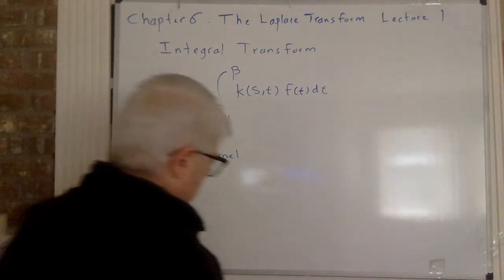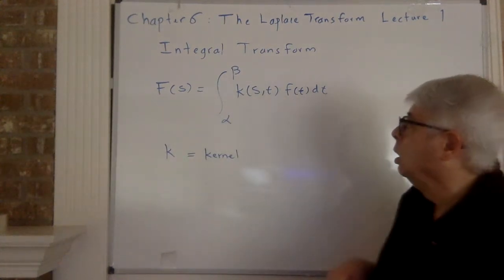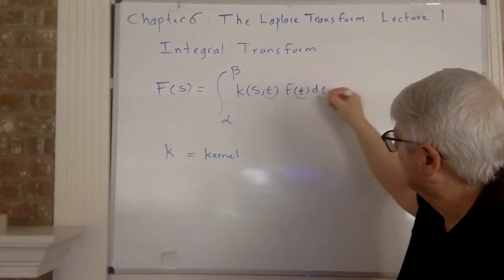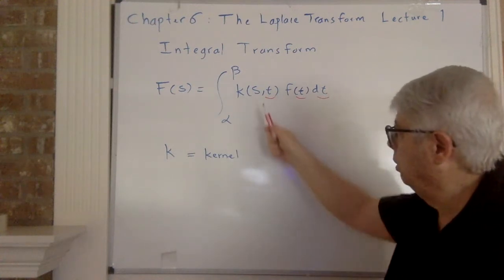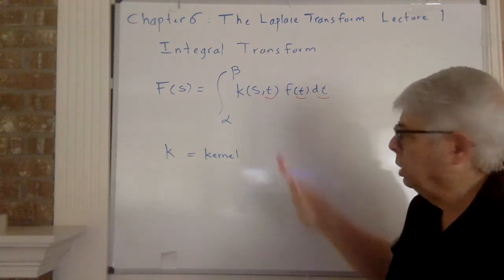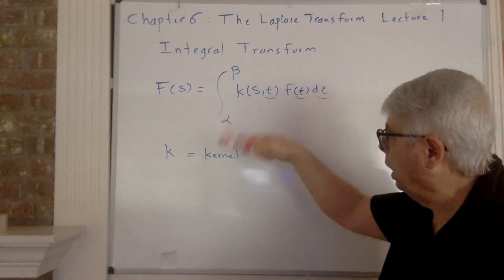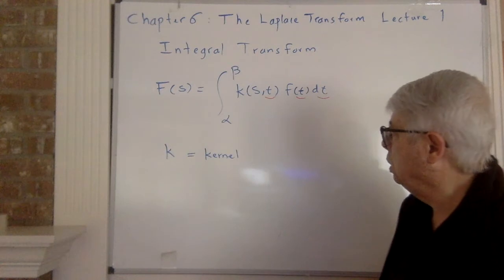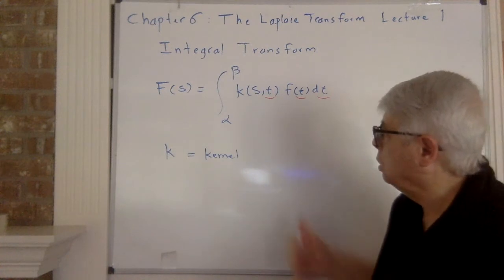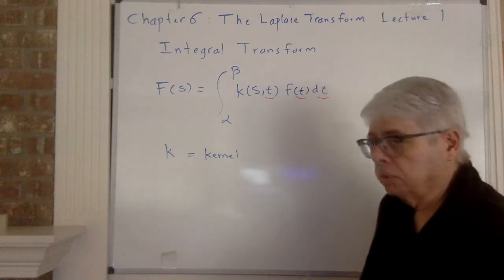Look at this carefully. I don't know if you have seen an integral like this before, but this integral on the right side is on t, right? But this function is a function of two variables, s and t. So this s with respect to this t is like a constant. So in the end, when you evaluate this integral, you will get an expression which has s in it. So that is in fact what we call F(s).